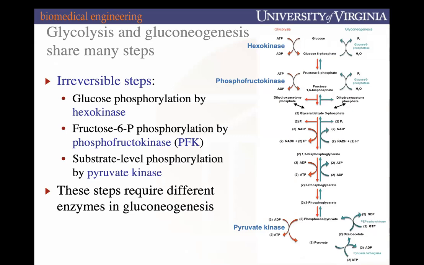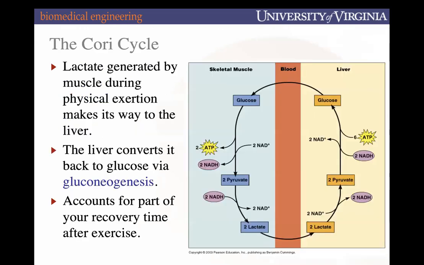Yes. Can you just give a summary? So the take home here for the Cori cycle is that lactate buildup occurs in your skeletal muscle, particularly. The acidification of your skeletal muscle means it doesn't want that lactic acid built up, so it needs to be shuttled out and used elsewhere.